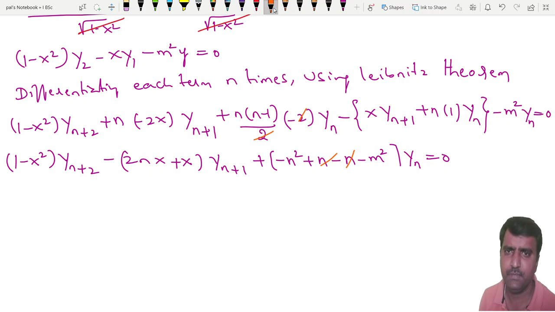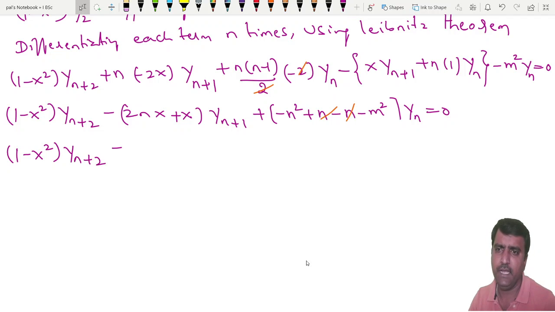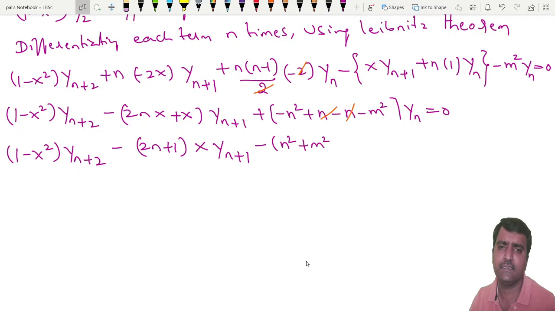So now simplifying, it is 1 minus x square into yn plus 2, minus, here you can take x as a common factor, 2n plus 1 into x into yn plus 1, and take minus common factor, n square plus m square into yn is equal to 0.